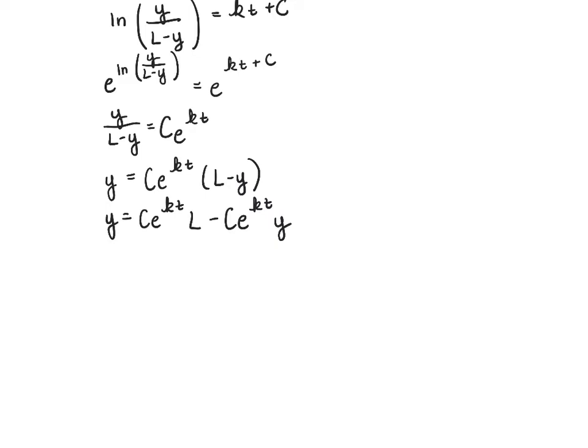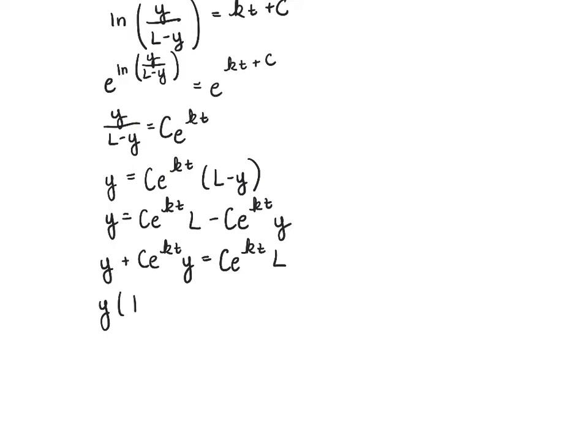And now I can add the y term on the right back over to the left so that I have y plus CE to the KT y equals CE to the KT times L. And in order to now isolate the y, I can just factor it out.